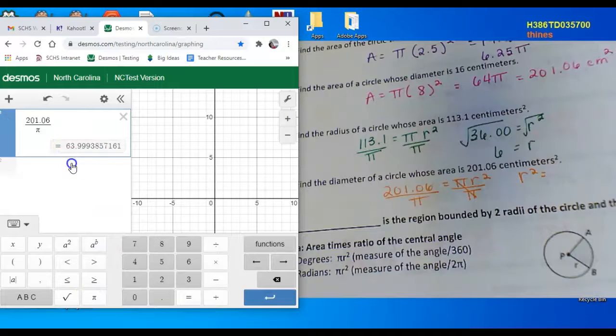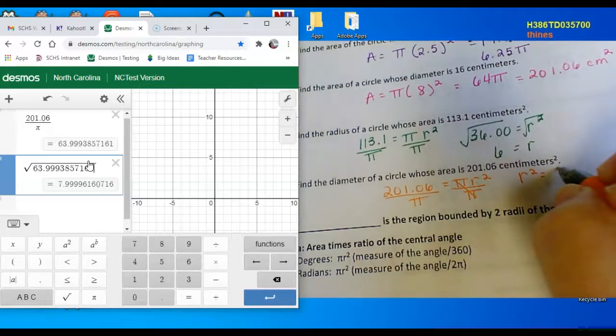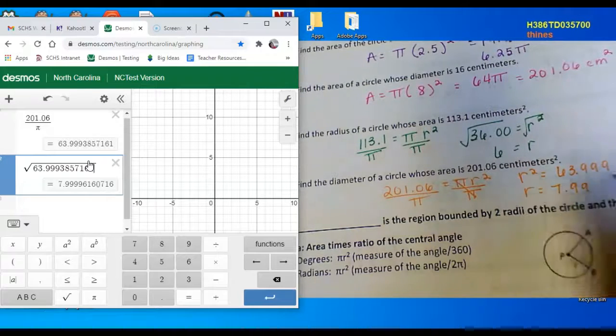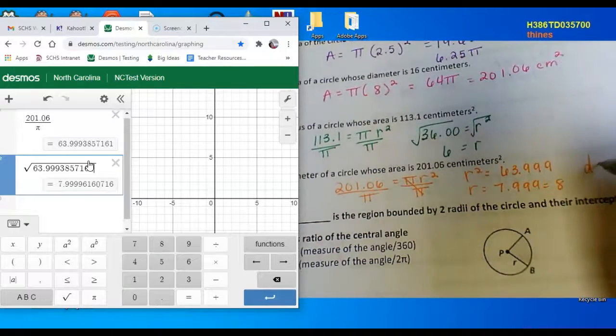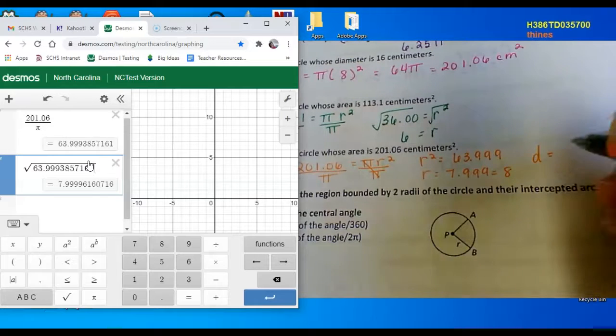We're going to take the square root of that, and if you want it to be exact, you want to put in as many decimals as you can. So r squared was like 63.999, and r was like 7.999, which is basically 8, right? And then if I want to find the diameter, which is what the problem was asking for, I'm going to multiply that by 2, and you do get roughly 16.